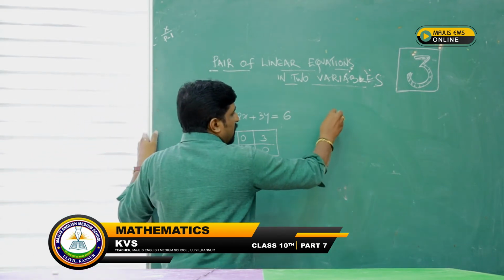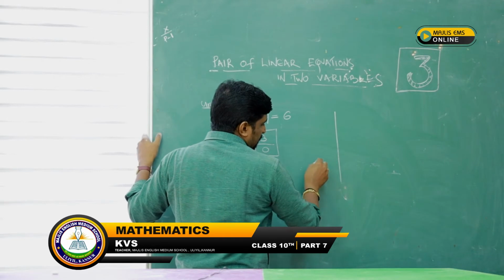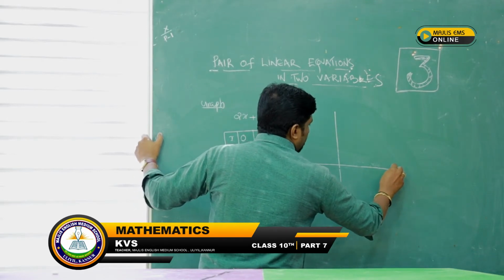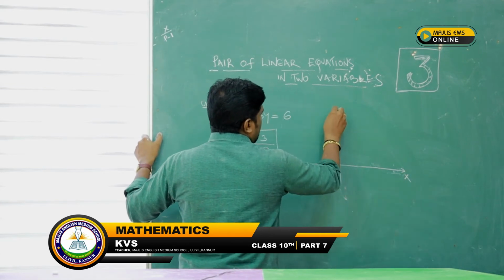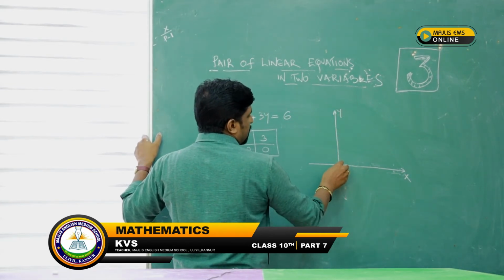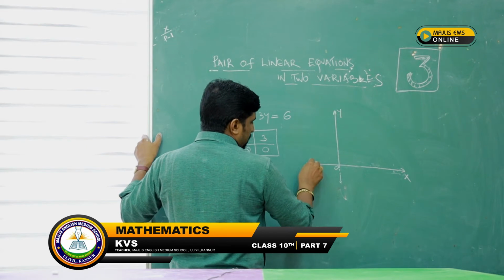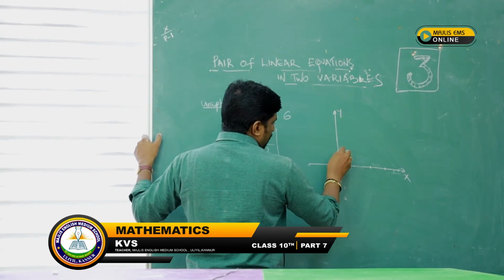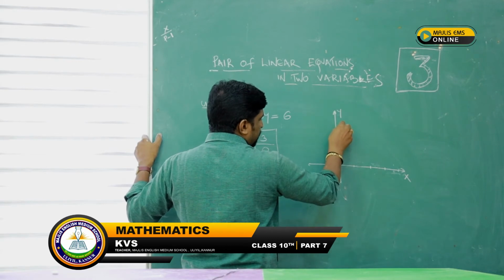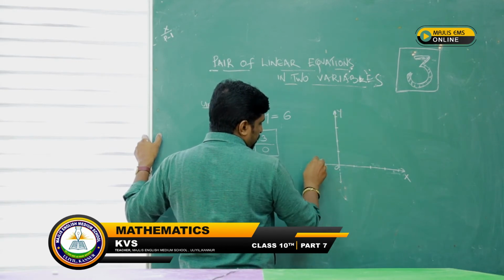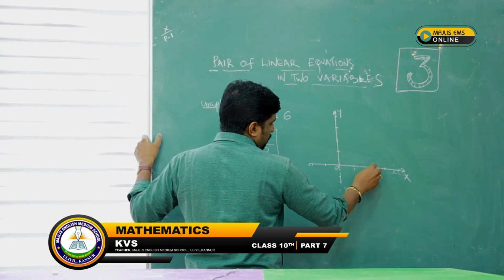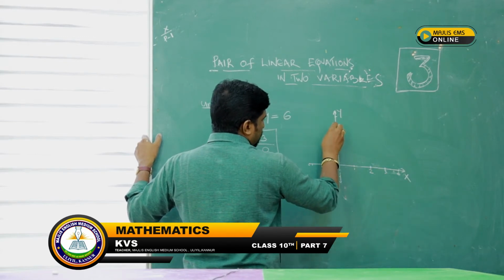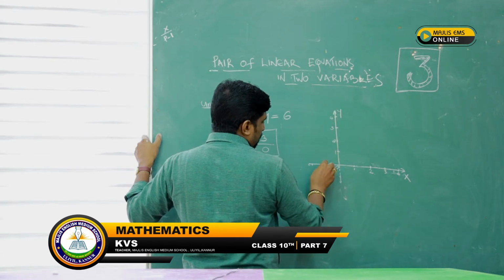After that we can locate the graph like this. Just I can draw a Cartesian plane. This is the x-axis and this is the y-axis, intersecting at the origin. We need to take equal widths here, and here also equal widths: 1, 2, 3, 4, and minus 1.